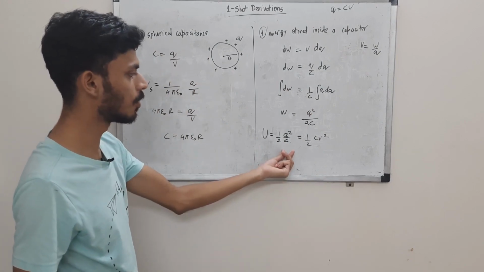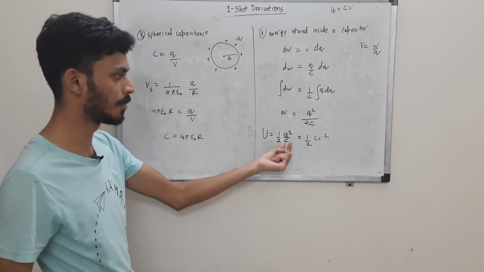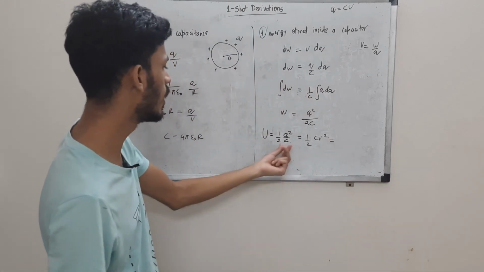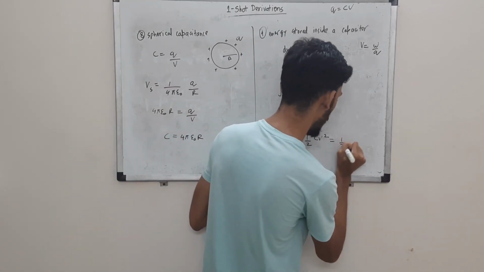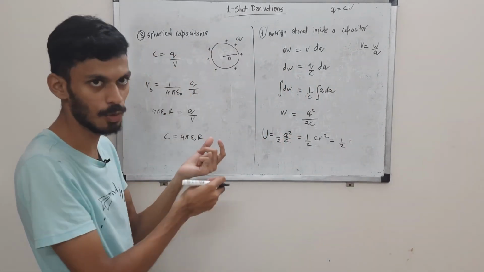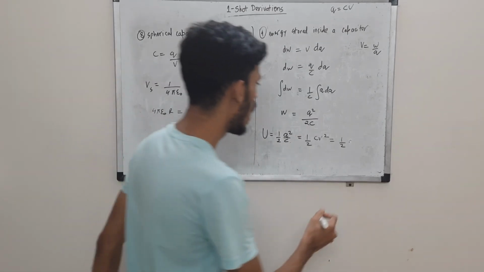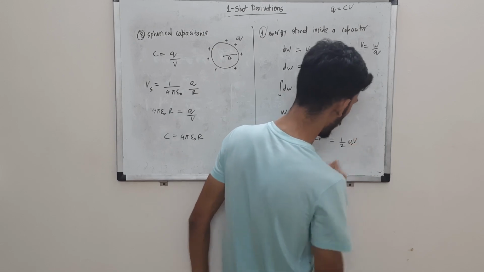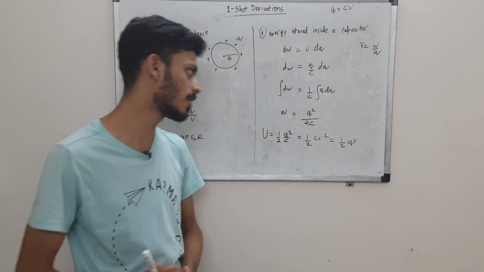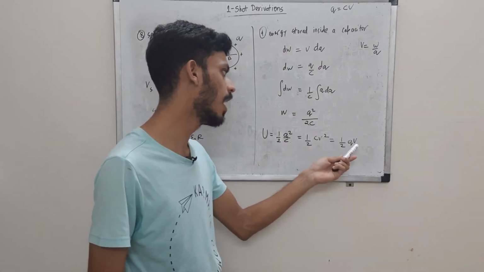Now we can also substitute for C. This was in terms of C and V; now we can obtain a relation between q and V. Half will remain as it is, and q square by C, where C is q by V, so one q will cancel and V will go on top, so half qV. Let me check that, half qV, yes, correct. So these are the three relations. You can obtain it in different terms: q and C, C and V, and q and V.